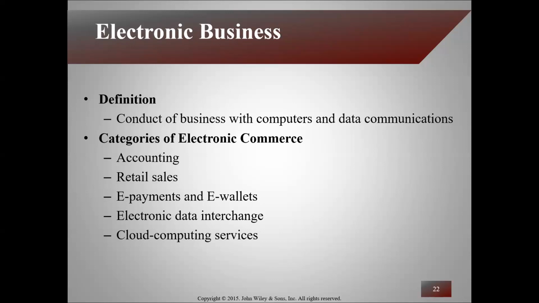Some general categories of electronic business are 1, e-accounting, retail sales, e-payments and e-wallets, electronic data interchange, and a variety of cloud computing services. Now, these categories will be explained separately in the next few slides.